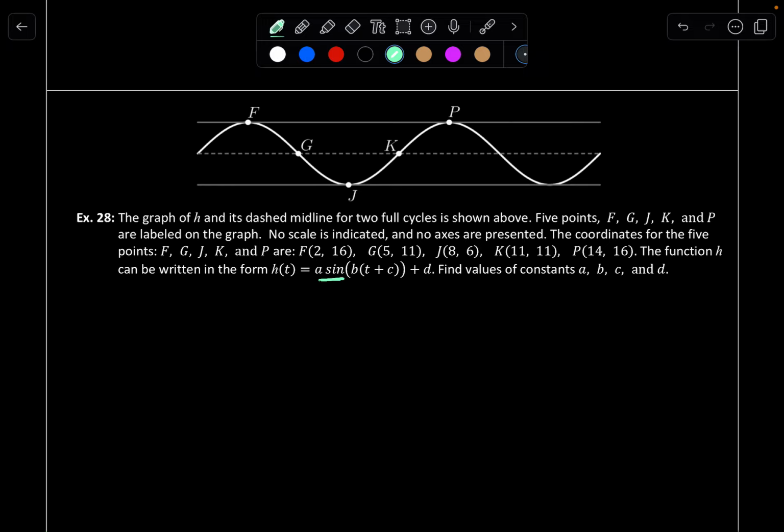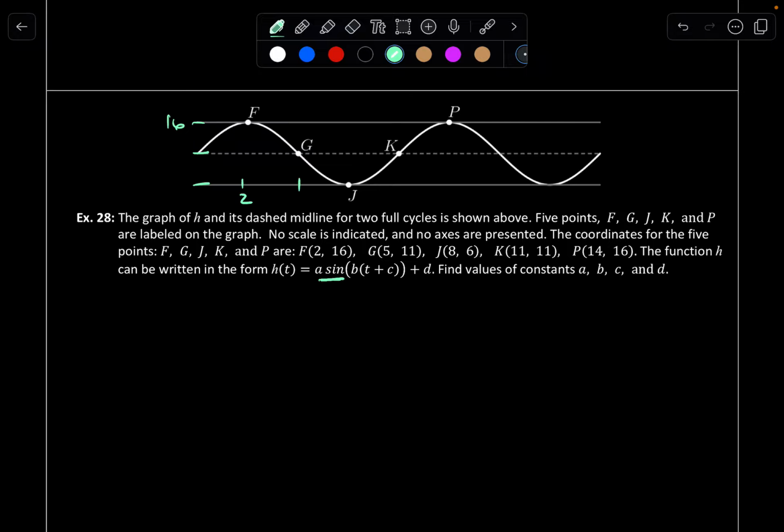Okay, so my first suggestion for these, this is leading us into one of your FRQs that you will see in May, right? It's always no scale indicated, no axes are presented, but you'll end up with these coordinate points where you can see your maximums, your minimums, and you can find your midlines and your A, B, C, and D from that as well. So if we look at these, F is going to be at (2, 16), so the maximum's at 16.